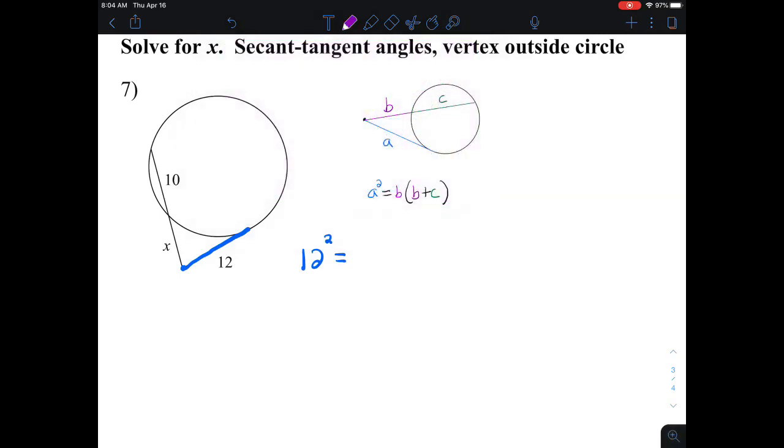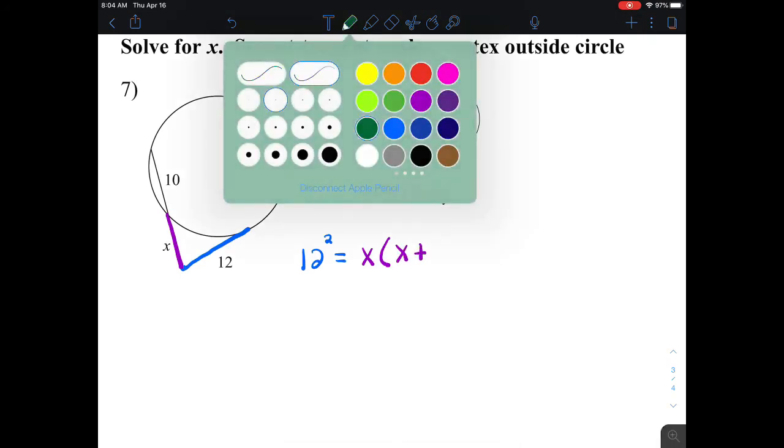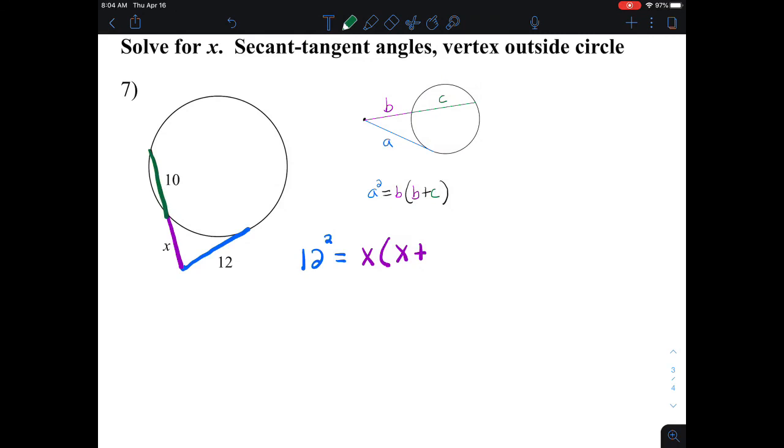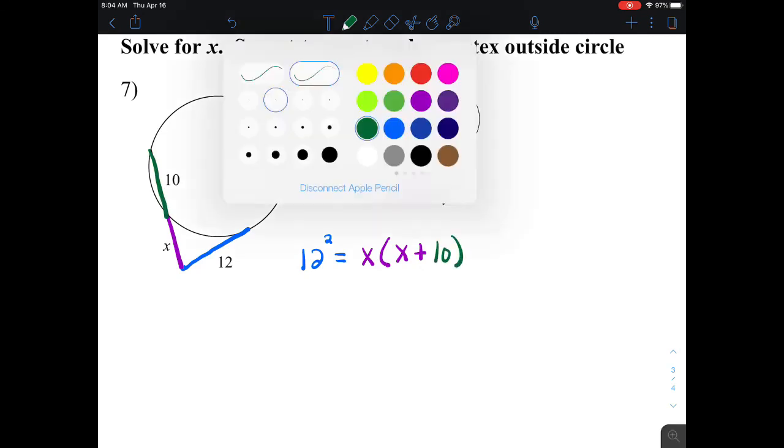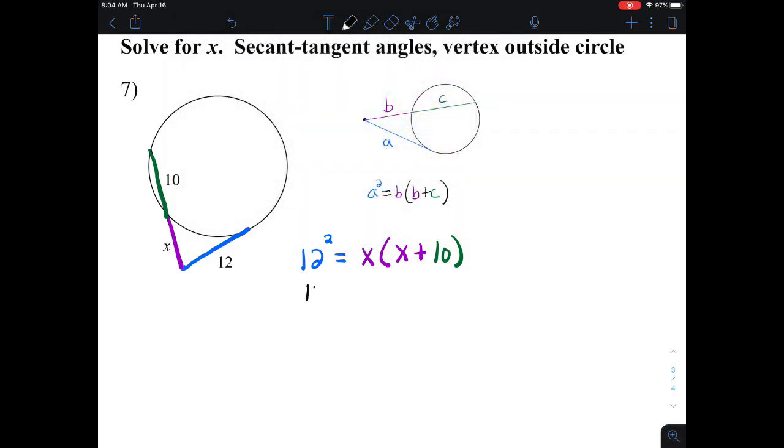Then I would take the secant line segment that's on the outside, which is x, so x times the overall length of the segment, which for this would be x plus 10. Then I would work to solve from there. So let me change back. We'd have 144 is equal to x squared plus 10x. I'd have to set it equal to 0 and factor.